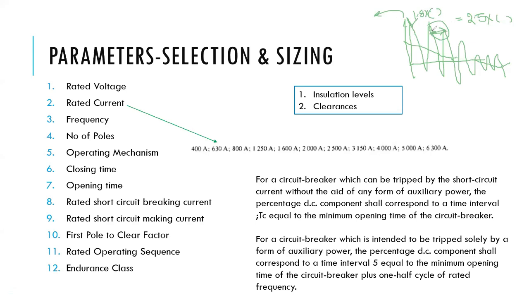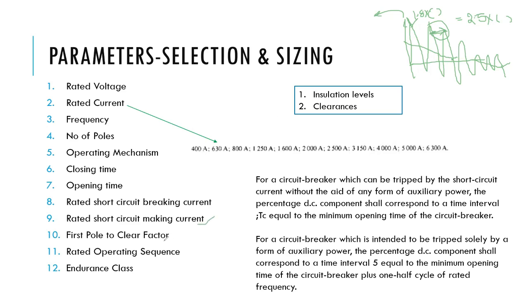So we have to ensure that the breaker is capable of withstanding such a magnitude of current, which is nearly 2.5 times the breaking current. So 2.5 into 25, it's 62.5 kA for 33 kV, 100 kA for 220 kV.